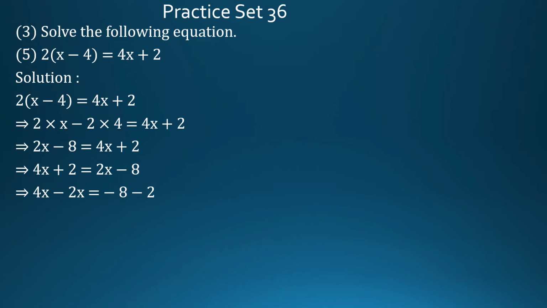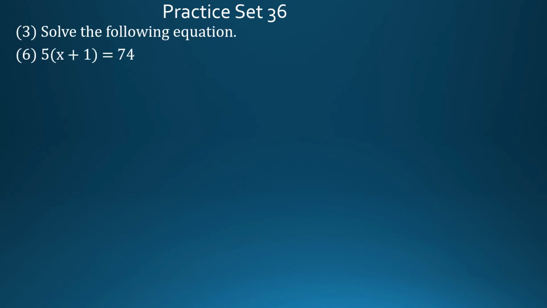We have brought like terms together to simplify it further. So 4x minus 2x we get as 2x, minus 8 minus 2 we get answer as minus 10. So the equation will become 2x is equal to minus 10. Now we want to find out the value of x. So we will have x is equal to minus 10 divided by 2, which is minus 5. So the value of x we get as minus 5.